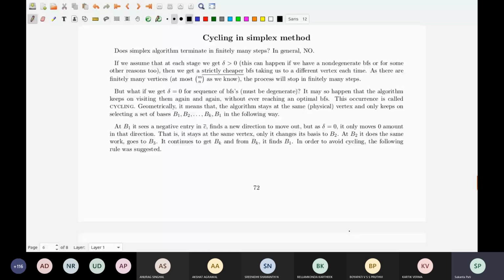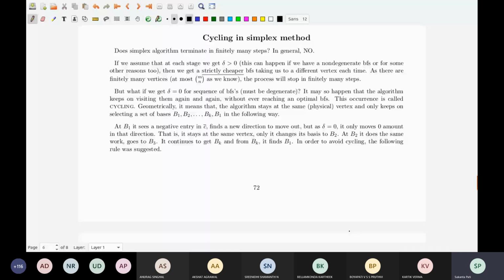You only hope that because there are finitely many vertices, the process will stop. But the problem is, since it is checking bases, it may so happen that you have a degenerate BFS, that means a vertex with a lot of zero entries.